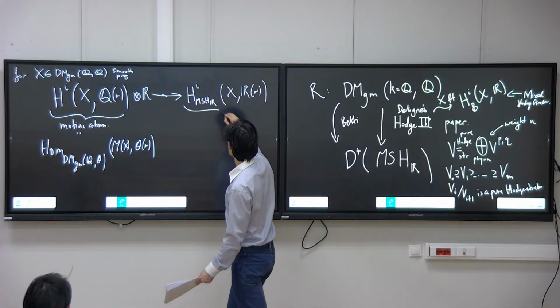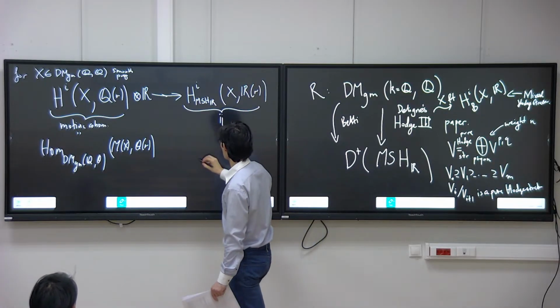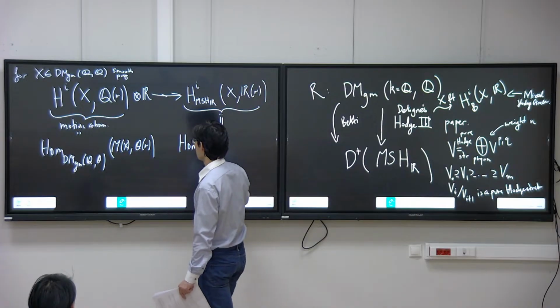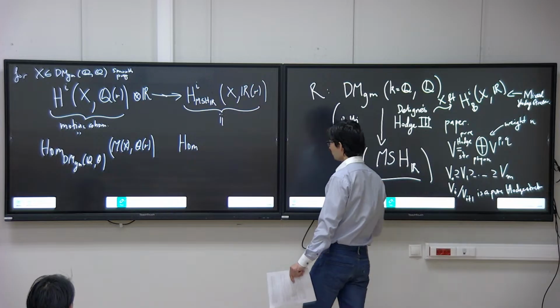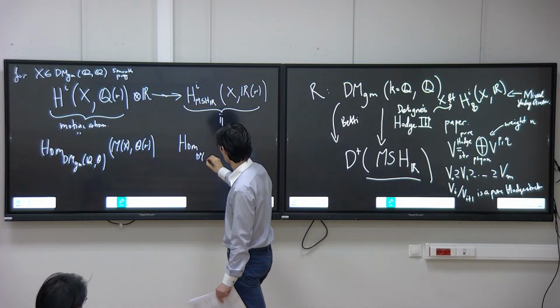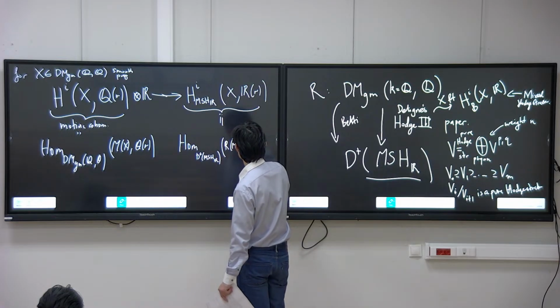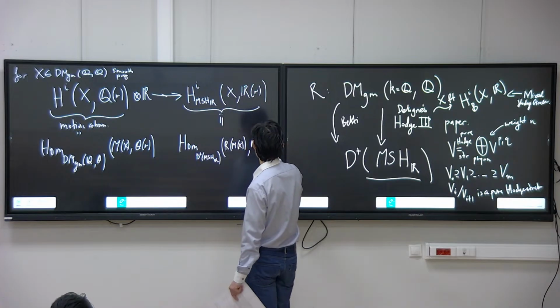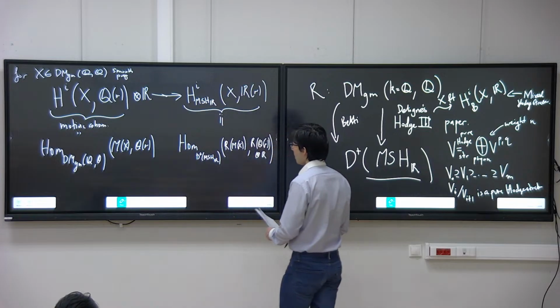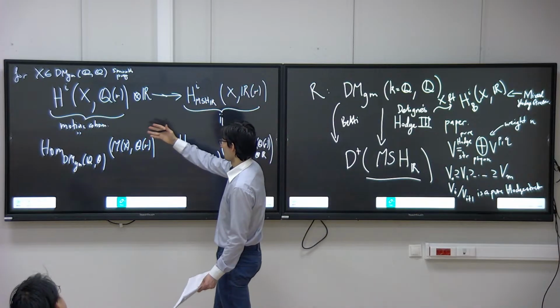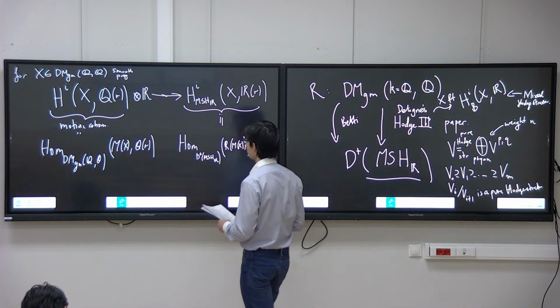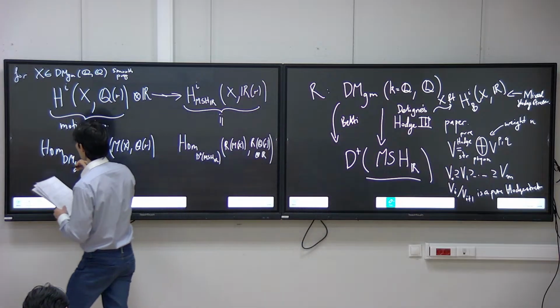So by definition, this is just equal to the Hom in this category of R of M(X) to R of Q(n), and then tensor it with R maybe. So it's literally just a morphism from what you get with the Hom. And this is called the regulator map.